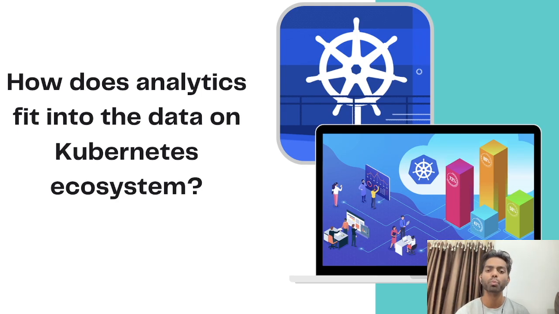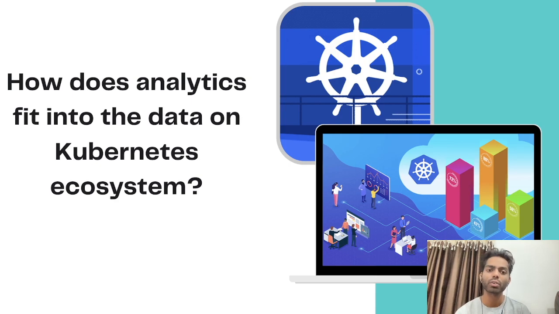Kubernetes can be used to process large volumes of data using containerized applications such as Apache Spark and Apache Flink. These applications can be deployed on Kubernetes as containers, and Kubernetes can manage the scaling of the containers based on the data processing workloads. Kubernetes provides a flexible and scalable platform for running containerized analytics workloads.